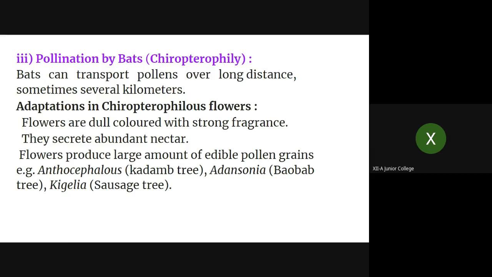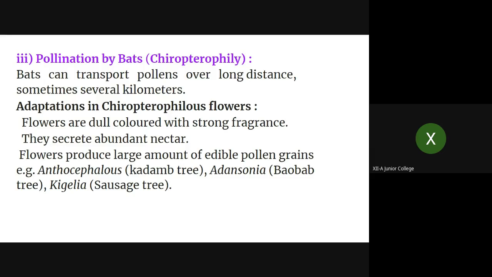Now, what are the adaptations seen in the chiropterophilous flowers? First is that the flowers are dull colored with strong fragrance. You know why dull colored? Because the bats are active during night, so bright color is not necessary.